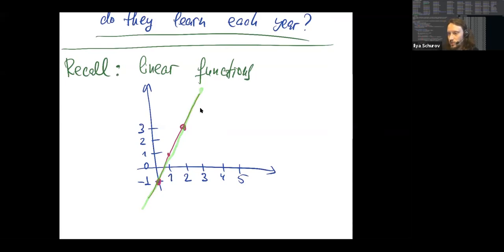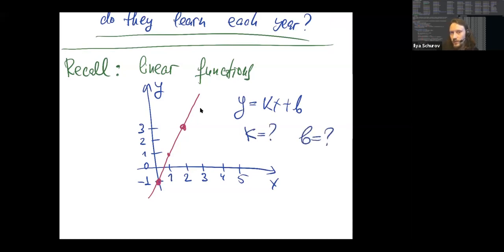At least I tried to draw it as a straight line. And as you probably remember, straight lines are given by formulas like this: y equals kx plus b. So the question is, please answer me in private messages: what is the value of k, and what is the value of b in this picture?